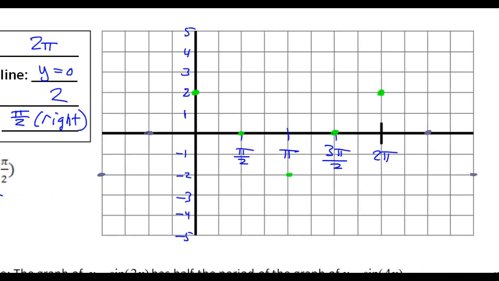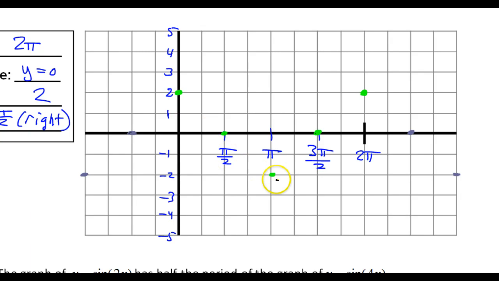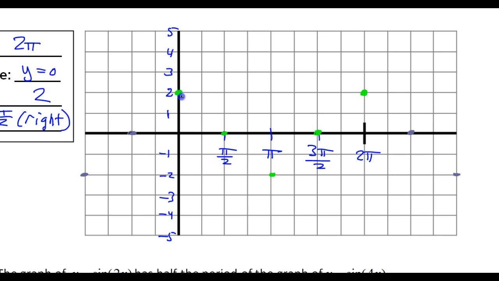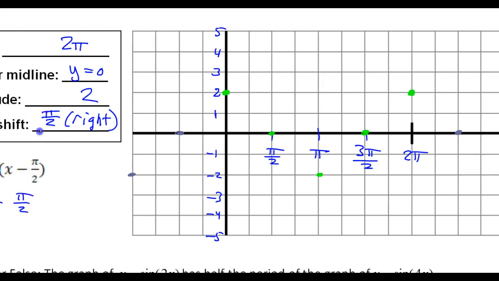Okay, so each one of these skeleton dots is going to have to shift to the right. So that means I'm going to go to the right by pi over 2. Look where pi over 2 is. Pi over 2 is 2 squares in size. So that means I'm going to be shifting 2 squares to the right.